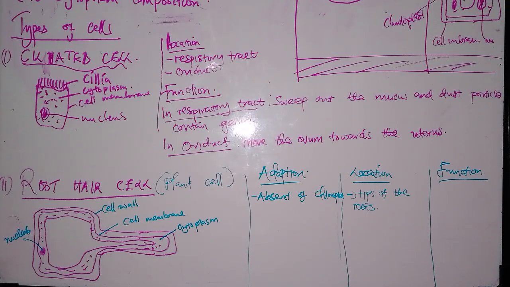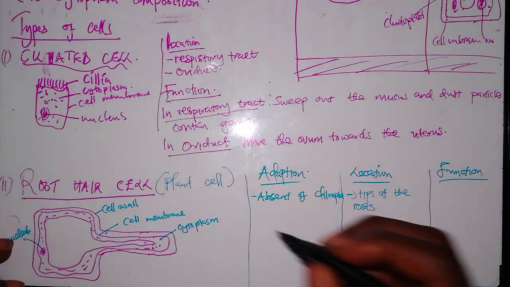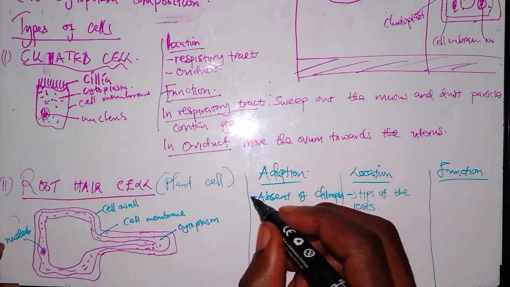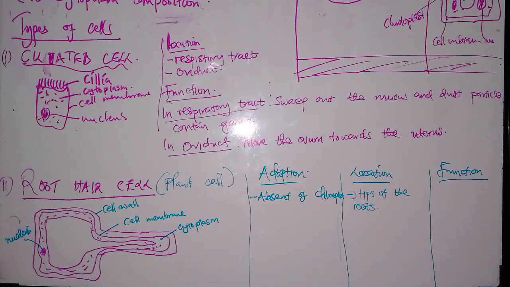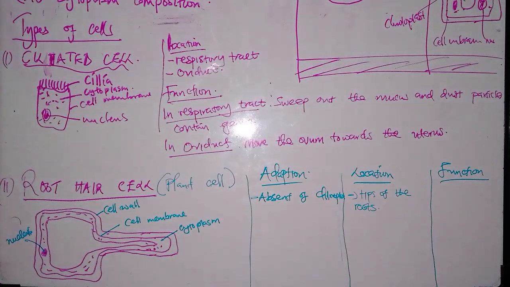That's why the root hair cell has absence of chloroplast, so that it can create more room for absorption and what? Transporting of minerals. So that's the first adaptation: the absence of chloroplast.